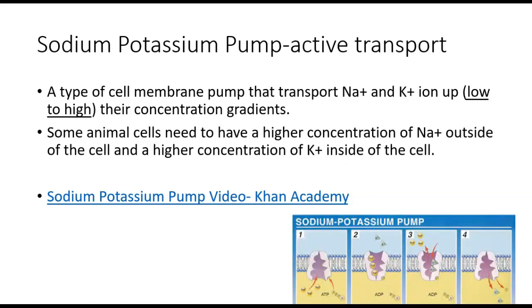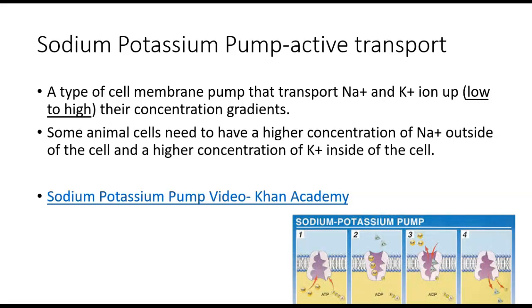The most talked about type of pump that you will hear about in any biology class is the sodium-potassium pump. And this is the example in every single book about active transport. This is a type of cell membrane pump, and it basically transports sodium and potassium ions up the concentration gradient, so from a low concentration to a high concentration.